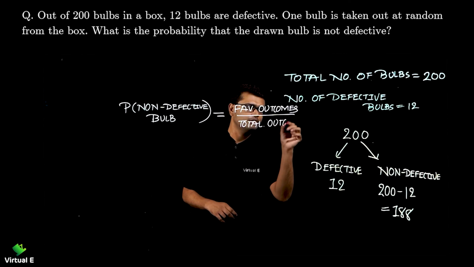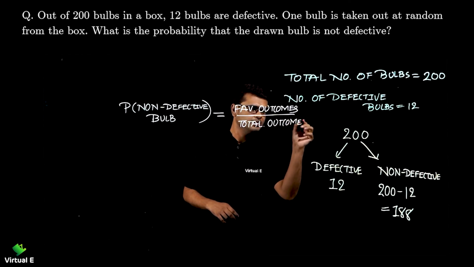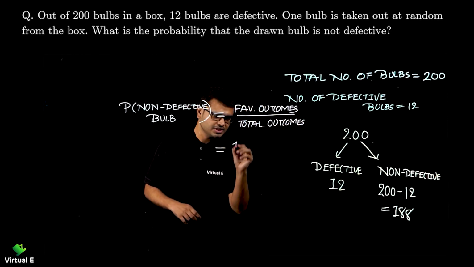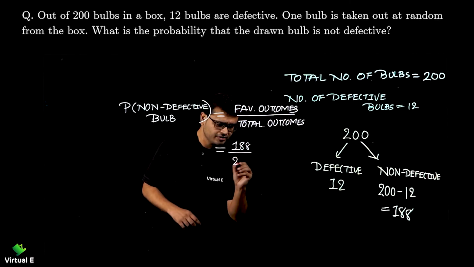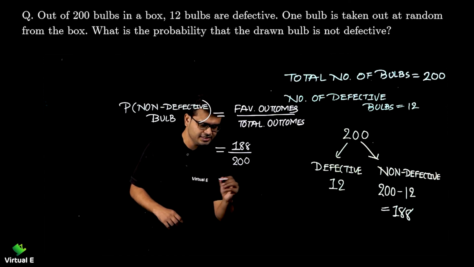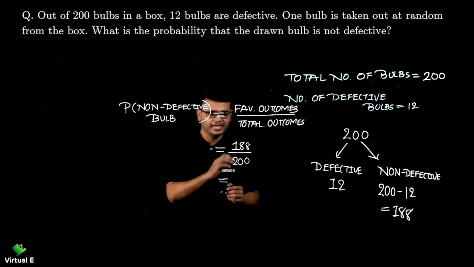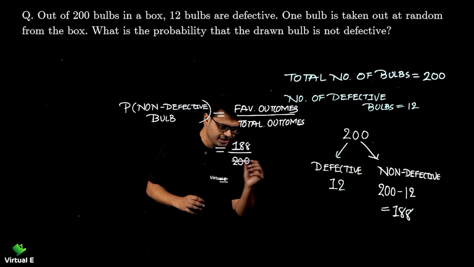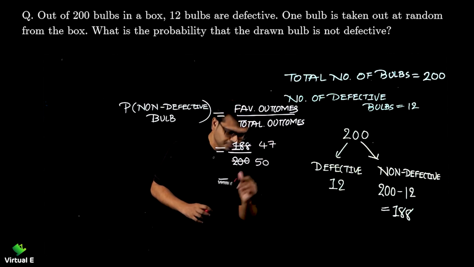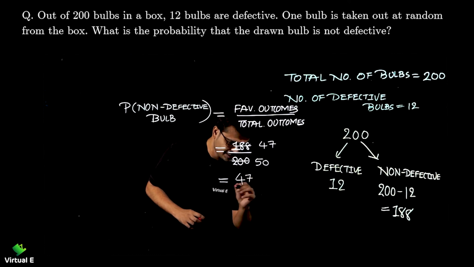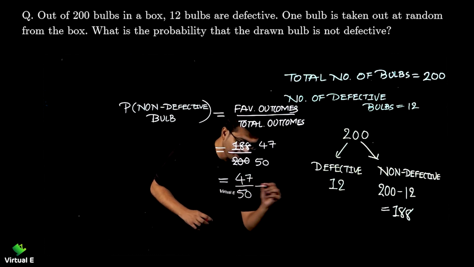Favorable outcomes are 188. Total number of outcomes is 200. Both are even numbers, 188 and 200. So if we do cancellation, we get 47 over 50. So probability is 47 by 50. This is my final answer.